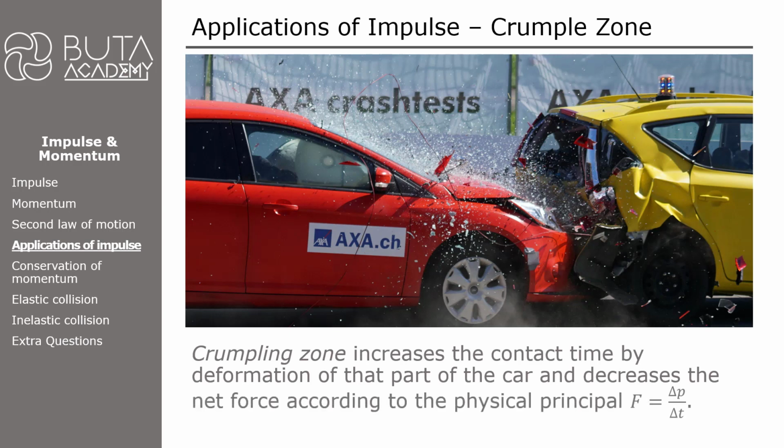This absorbs some of the energy of the impact, preventing it from being transmitted to the occupants of the car. As we can notice, the only part in this expression on the screen which differs from the previous one is that the phrase airbags or seatbelts has been replaced by crumpling zone.